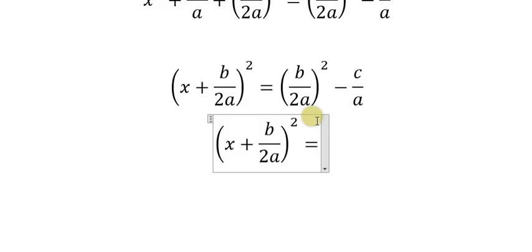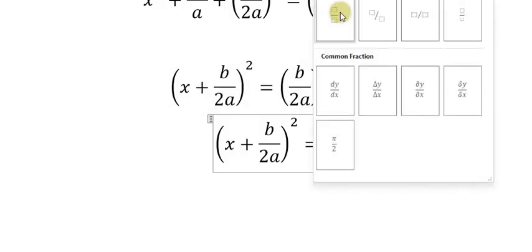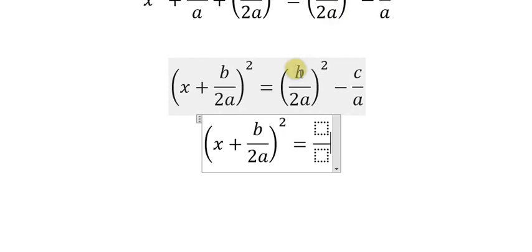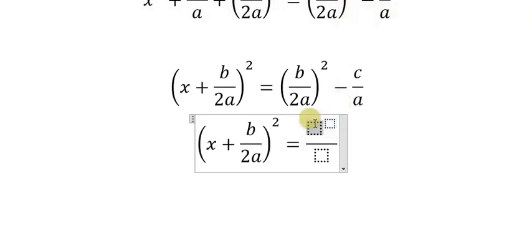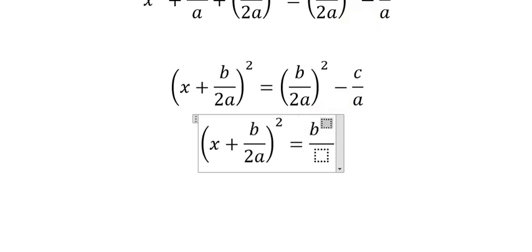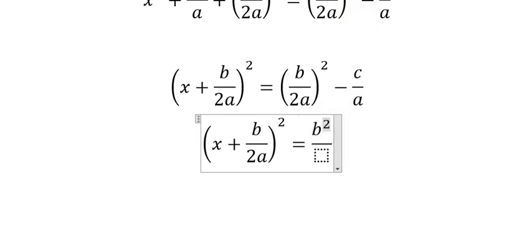That is to say, you will have this part being the b times itself, definitely b squared. So b squared is obtained here. Good.